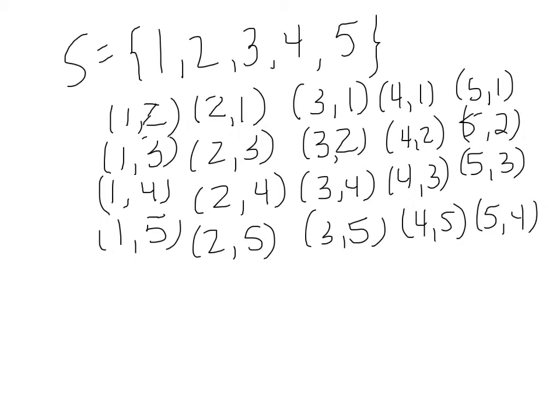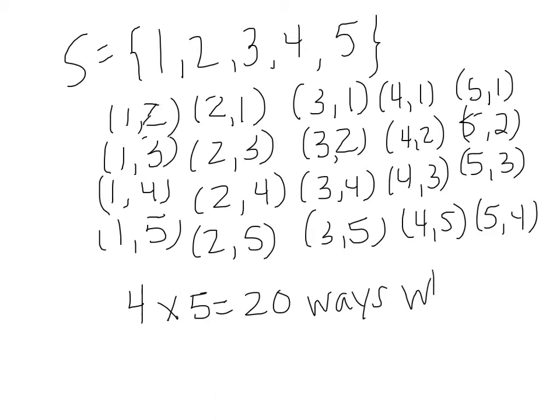So in this case, what we realize is for each number there were 4 choices, and there were 5 different numbers. So we have 20 ways when order matters. That is, 1, 2 is different than 2, 1.